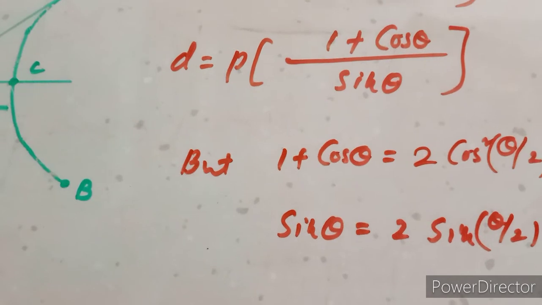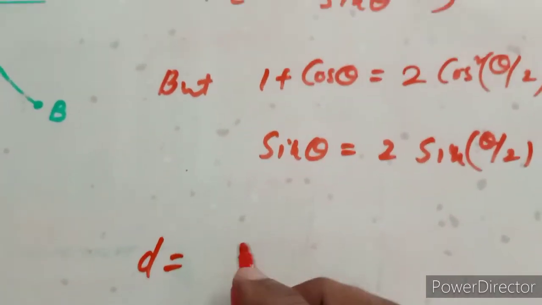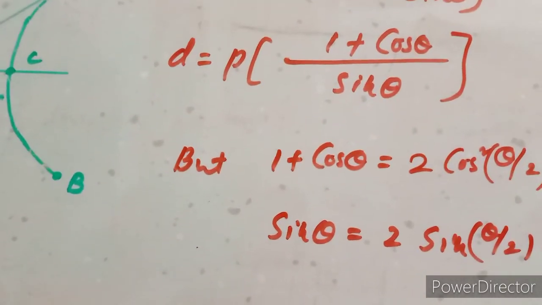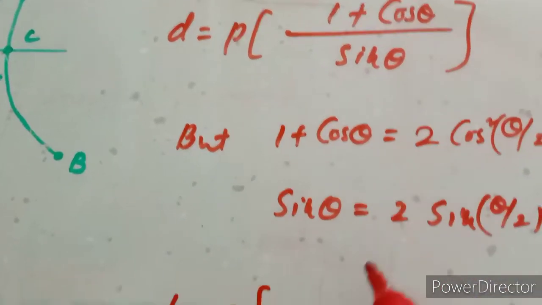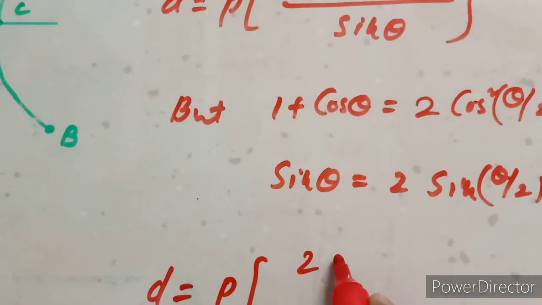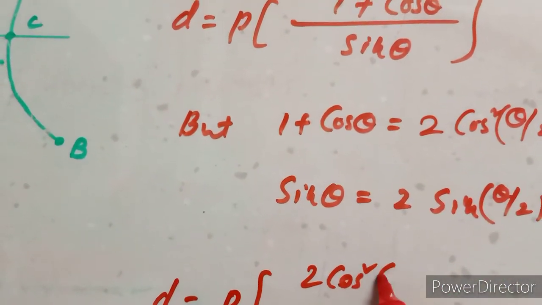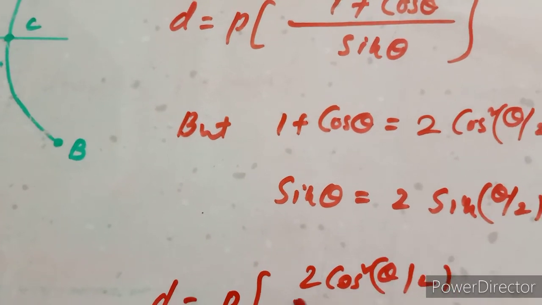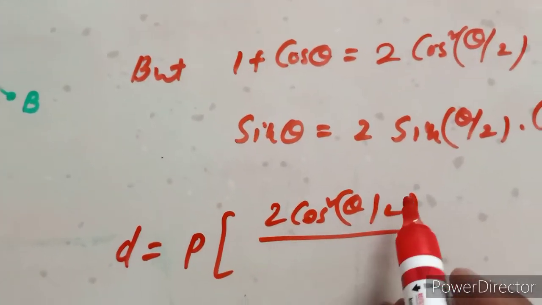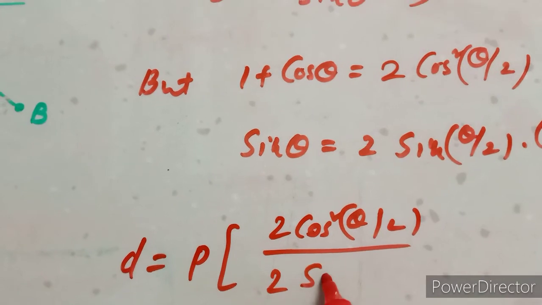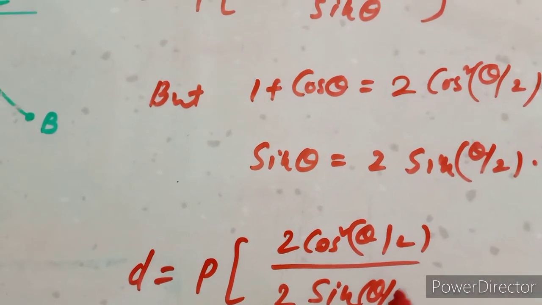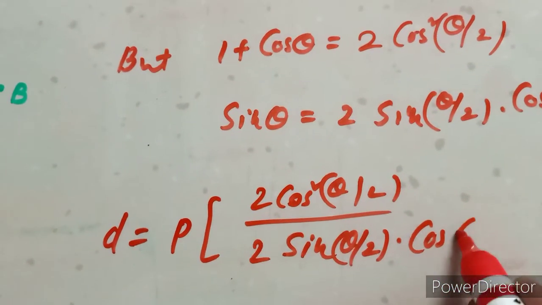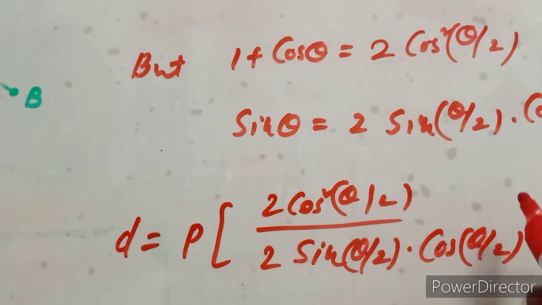Then D equals P into 1 plus cos theta, that is 2 cos square theta upon 2, upon sin theta, that is 2 sin theta upon 2 cos theta upon 2.